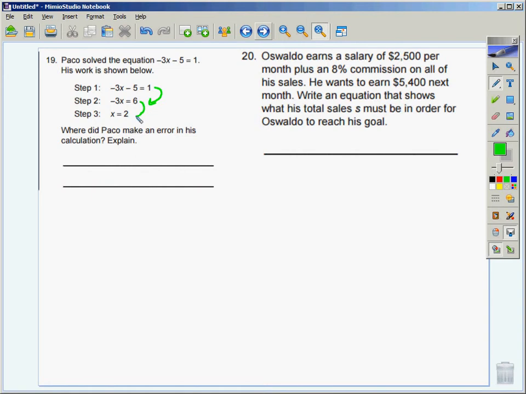But to get from step 2 to step 3, she should have divided by a -3. She didn't divide by a negative. She divided by a positive. The answer should have been x equals a -2.